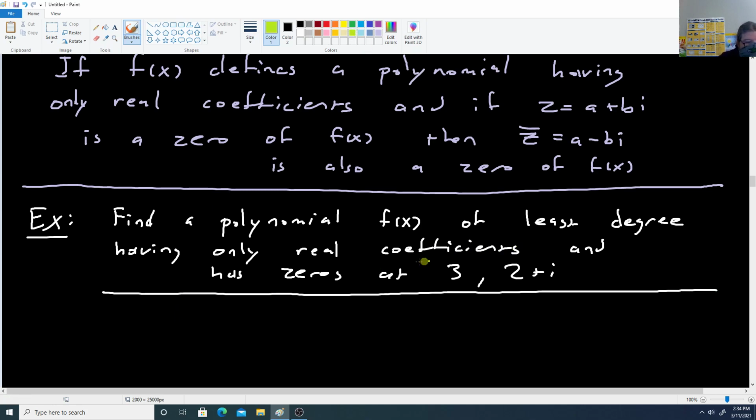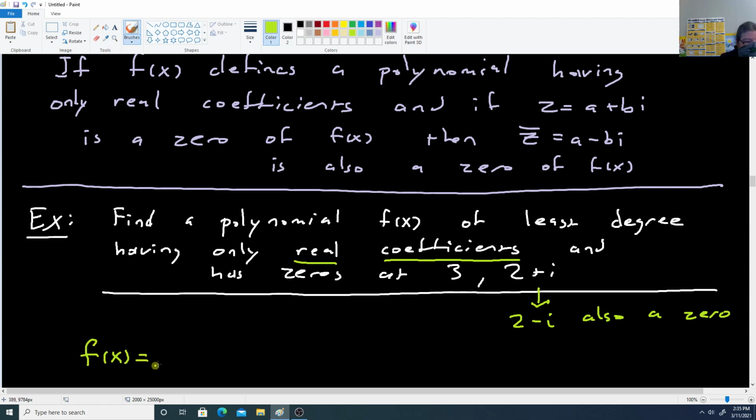So, since we want the polynomial to have real coefficients, if 2 plus i is a 0, we need its complex conjugate 2 minus i also a 0. This is because they said it needs to have real coefficients. If they said the coefficients can be complex, then we don't need to include this, but since they said we need real coefficients, we have to include it.